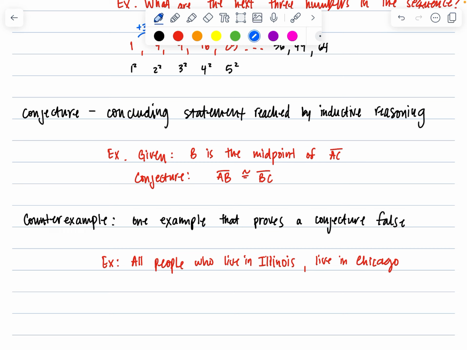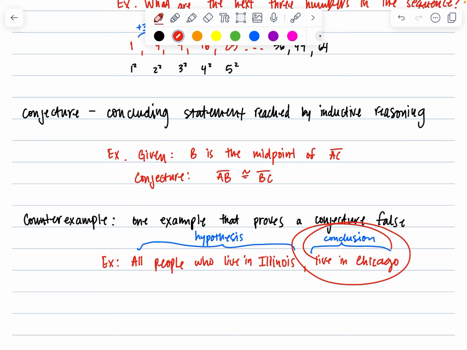So here's your hypothesis. And then here's your conclusion. Okay, and we're proving the conclusion false. We're only going to consider this part of the statement and prove that false.